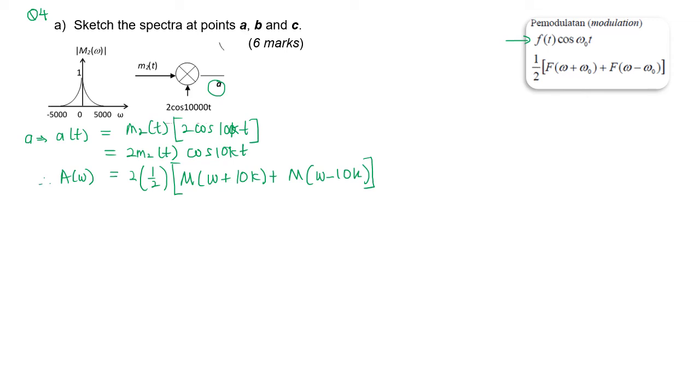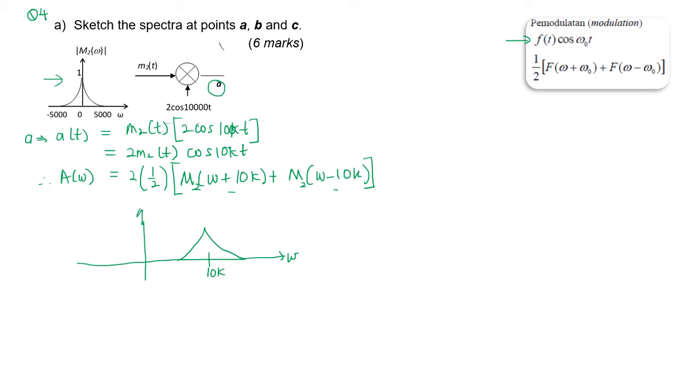But the question asks you to sketch. Okay, so the M in this case is M2. So given M2(omega), now one of the signals is shifted to the left and one signal is shifted to the right. So your A(omega) is centered at 10k.